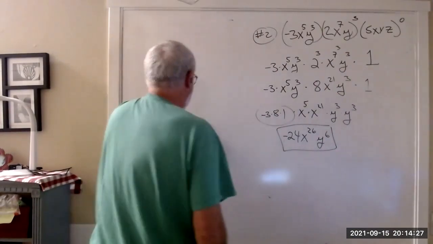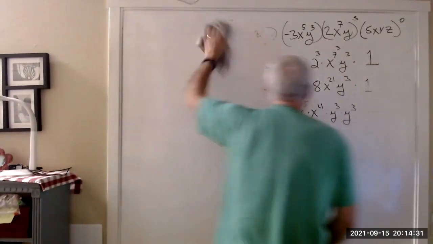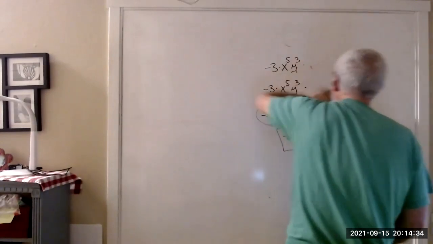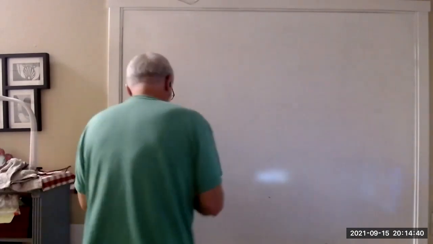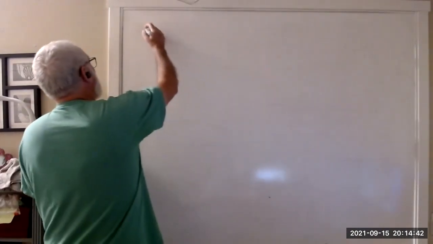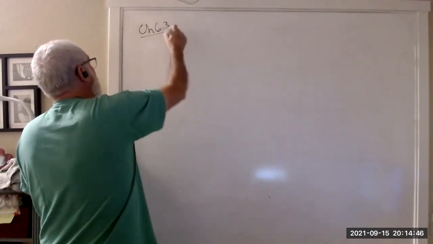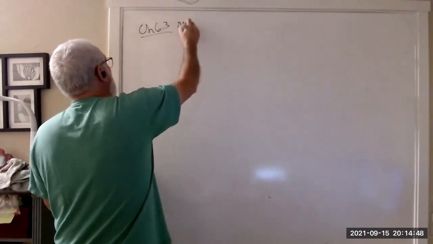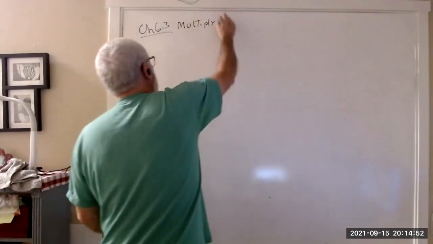The funner stuff, which despite TV commercials and billboards is not a word, funner. So this is chapter 6.3. We're going to multiply polynomials.